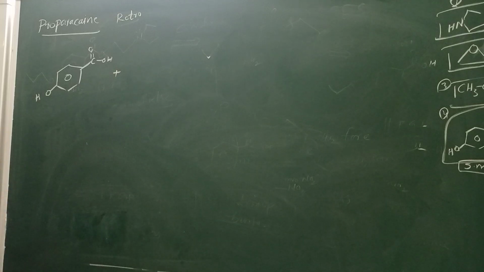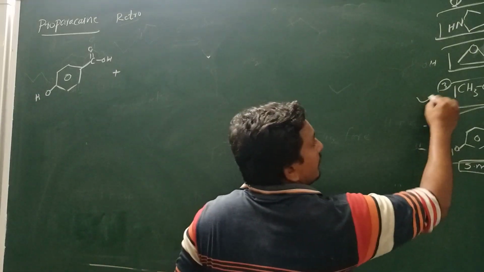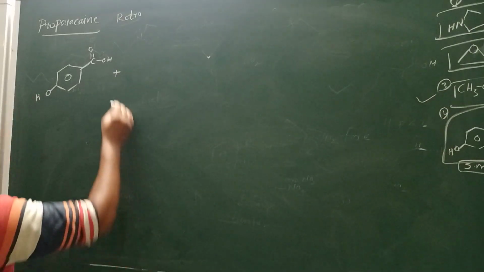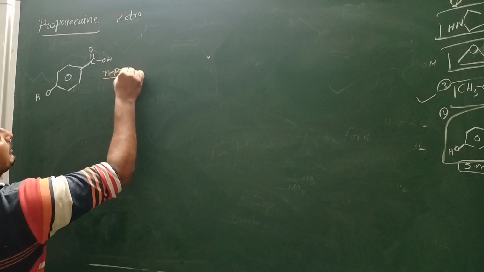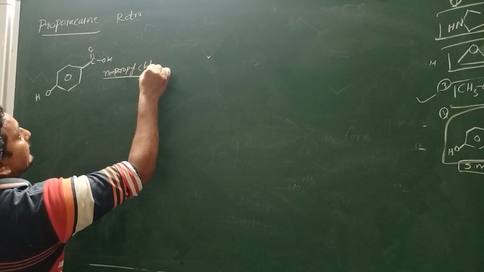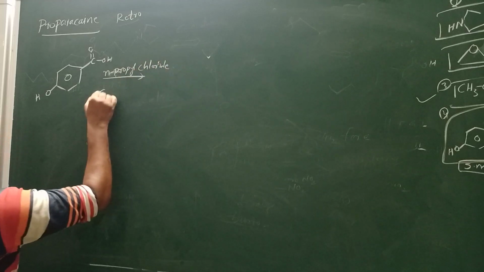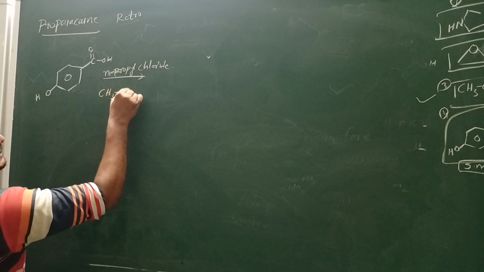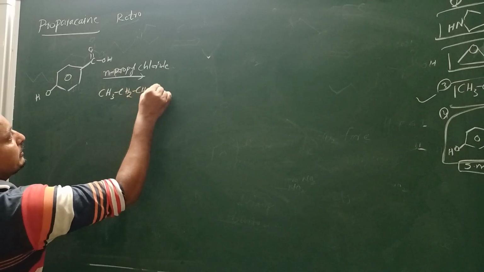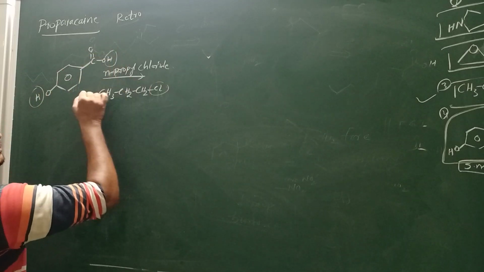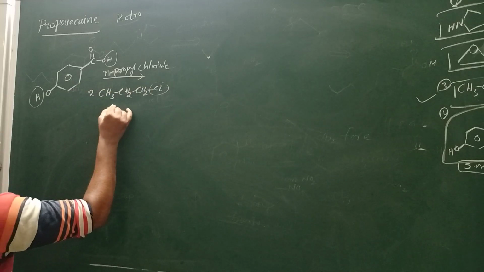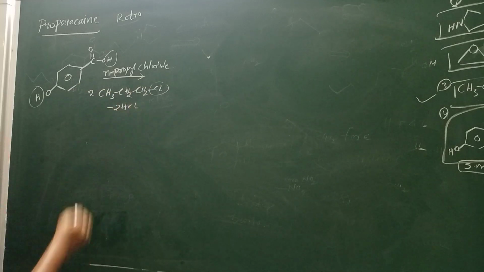When it reacts with one of the reactant molecules, that is N-propyl chloride. Propyl chloride means CH3CH2CH2Cl. Here hydrogen, and here two more, taken as minus 2HCl.